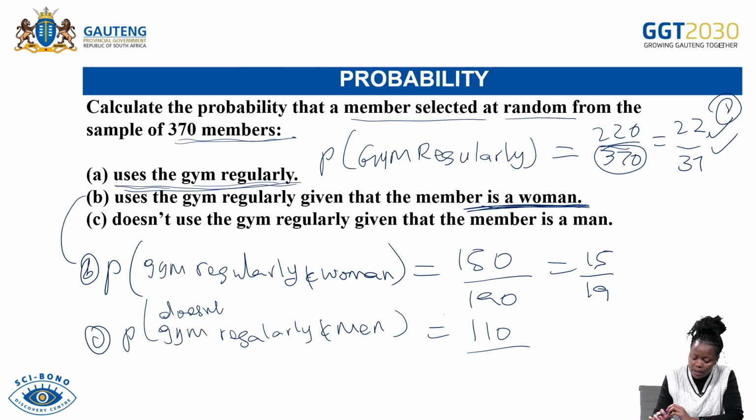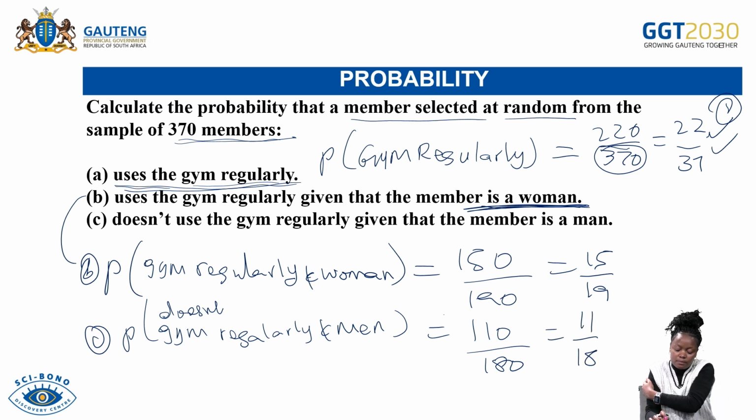It is going to be 180. It's going to be 11 all over 18. Then you get your full marks. Okay.